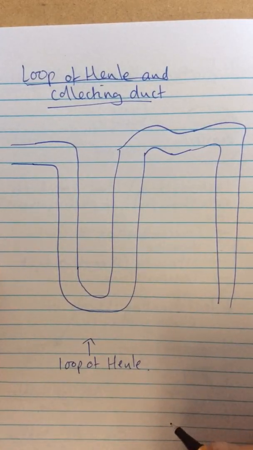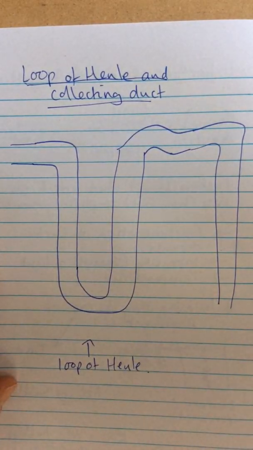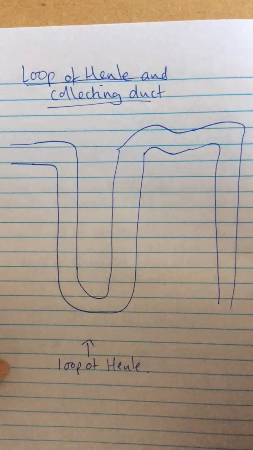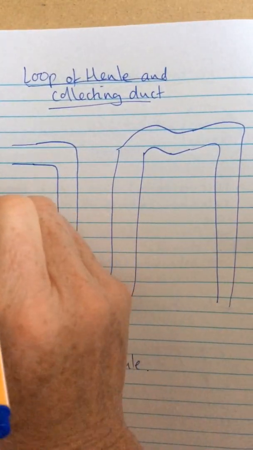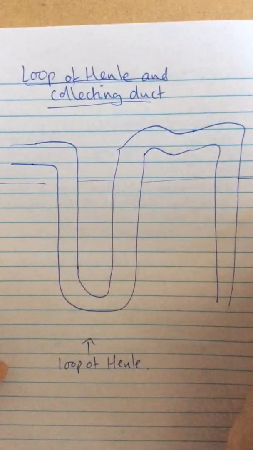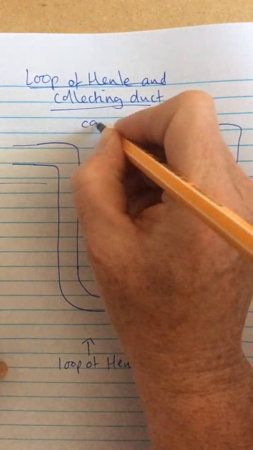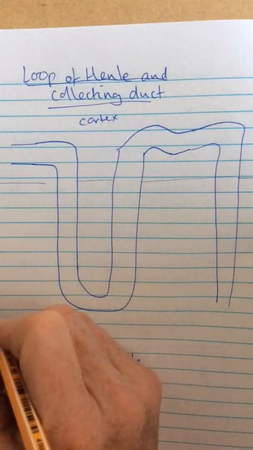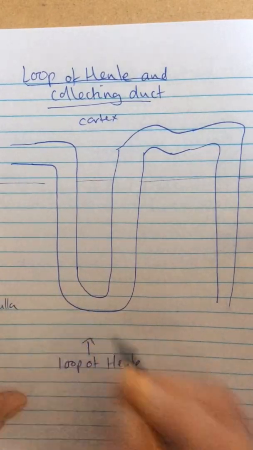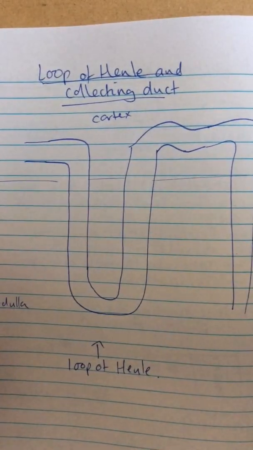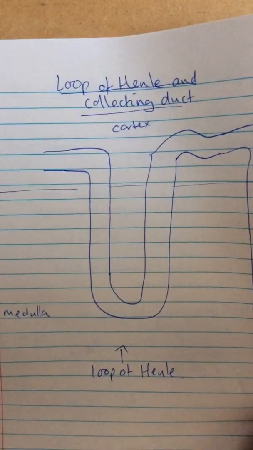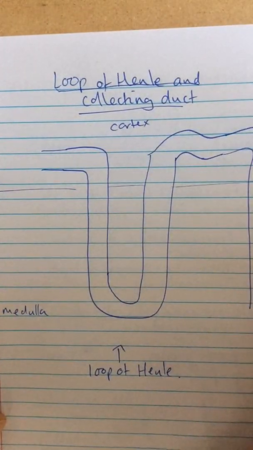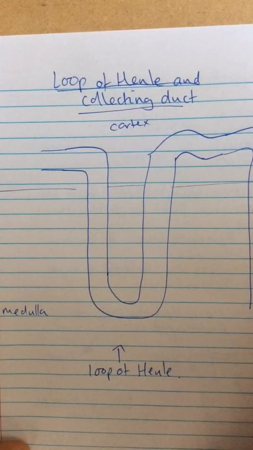Okay, so key things that you need to know about the loop of Henle in terms of where in the kidney this is happening. If we did an invisible line across there, up here would be the cortex, and then down here would be the medulla. Okay, so just to give you a vague idea of where this part of the nephron is located.